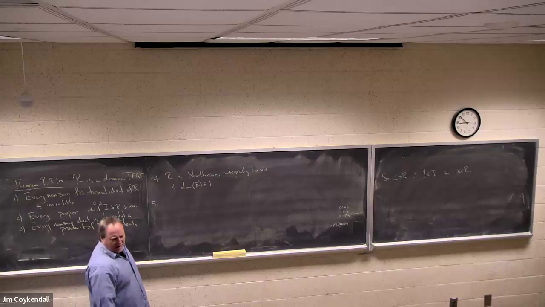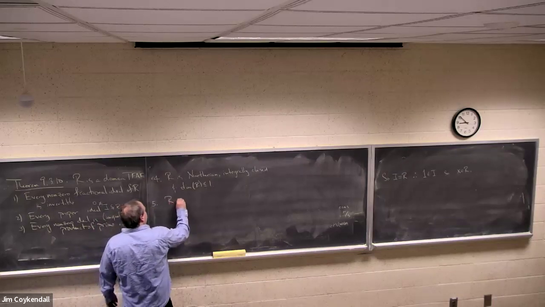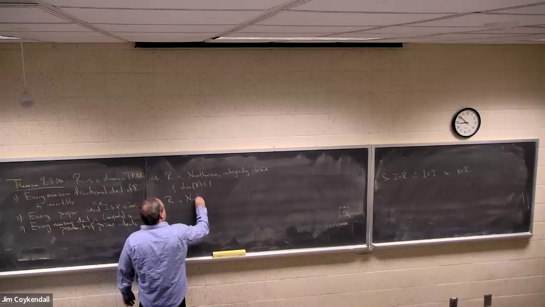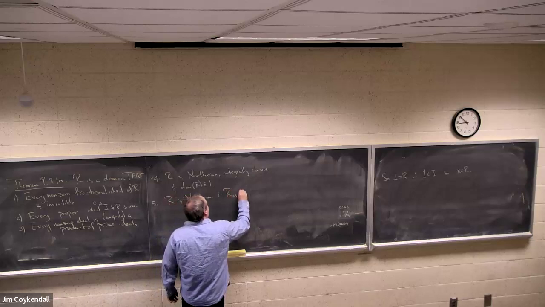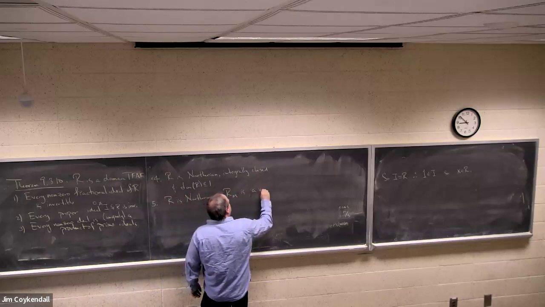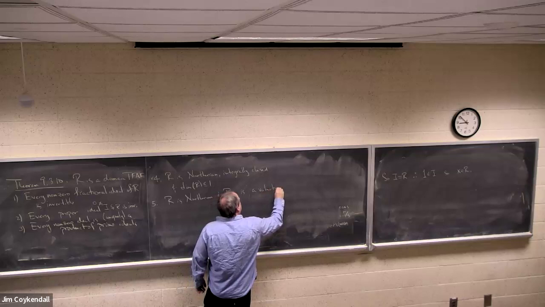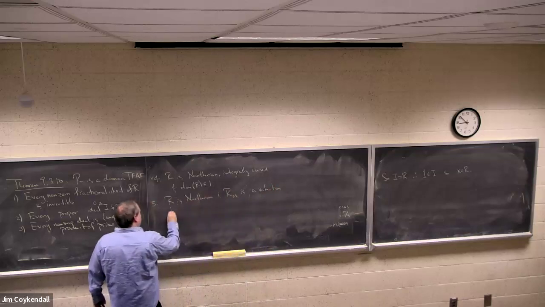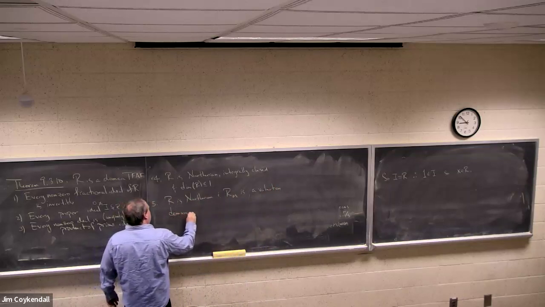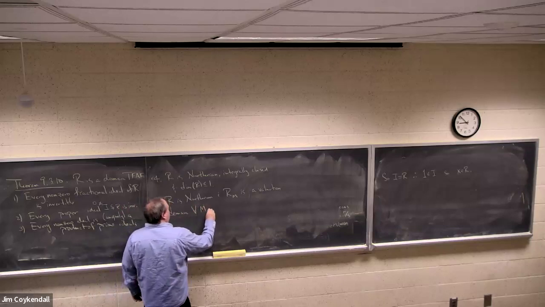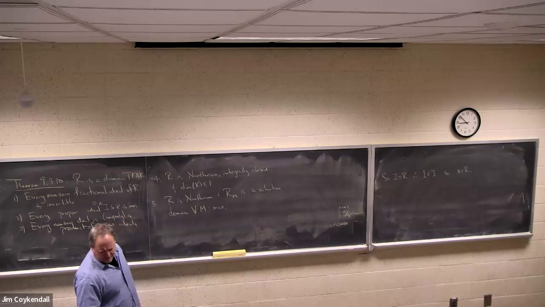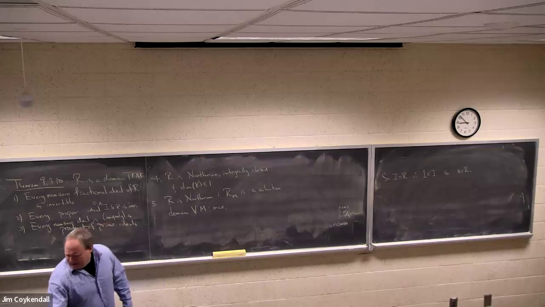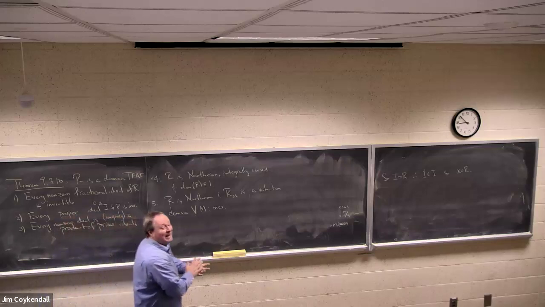And finally, R is Noetherian, and R localized at M is a valuation domain for all M maximal. Any domain that satisfies one of these and hence all of these conditions is called a Dedekind domain.